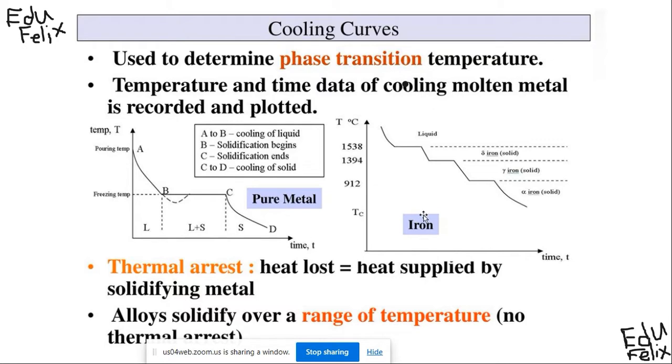Right, here you can see many metals, and you have iron here also. This shows the temperature and time data for cooling molten metal. Here you can see this is the pouring temperature at A. If you reduce the temperature, that means if you cool it, it comes to B, and then you have a period of time where there is no temperature difference, right?